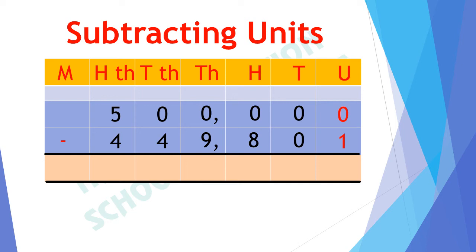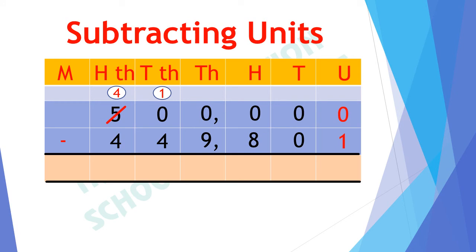First of all, we will subtract 1 unit out of 0 unit. As we cannot take away 1 unit out of 0 units, so we take borrow. We borrow from 500,000 because this is non-zero digit. If we take borrow from 100,000s, here we are left with 400,000.